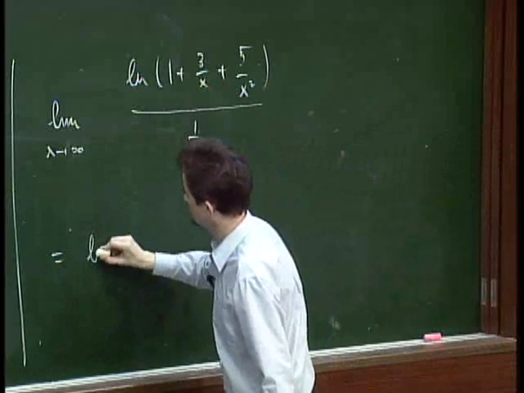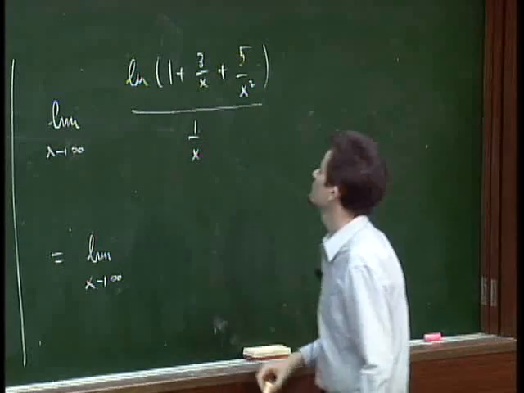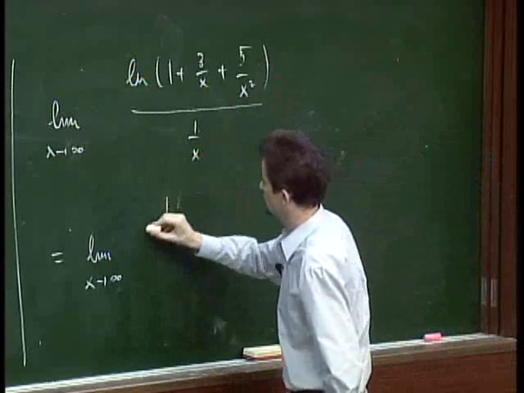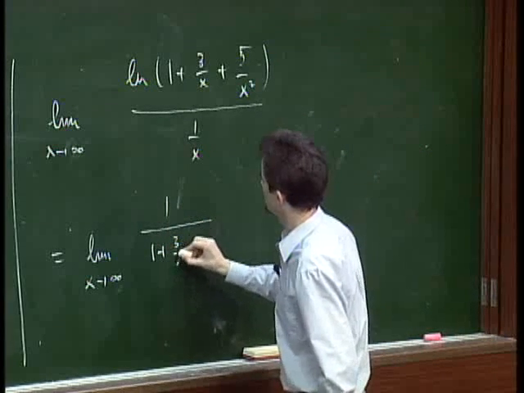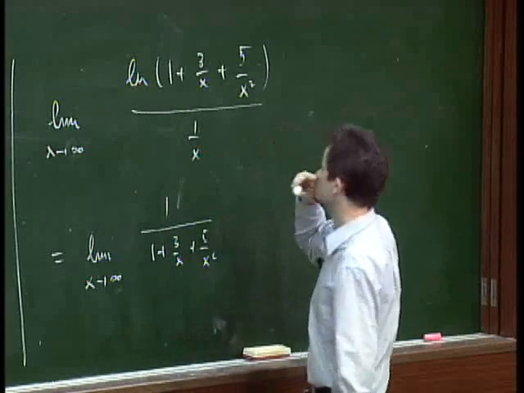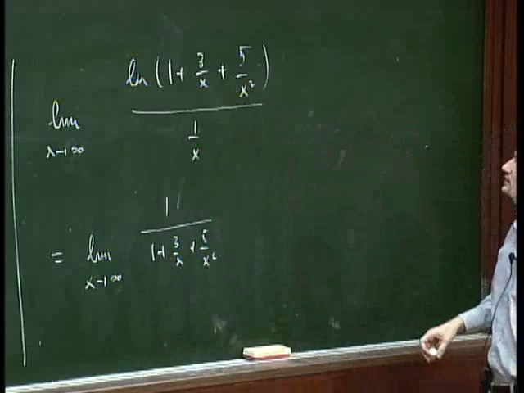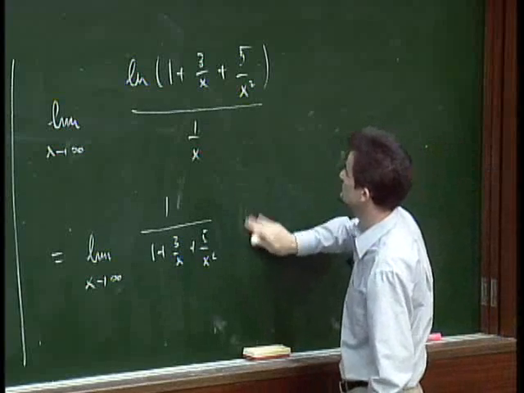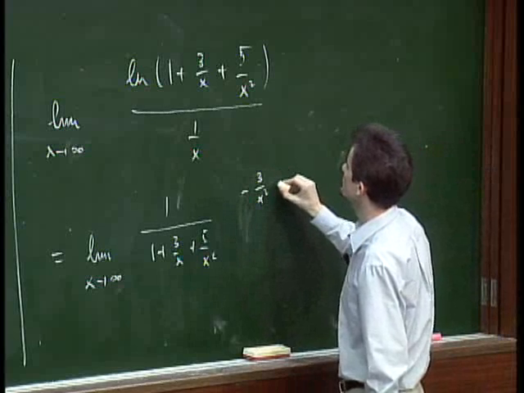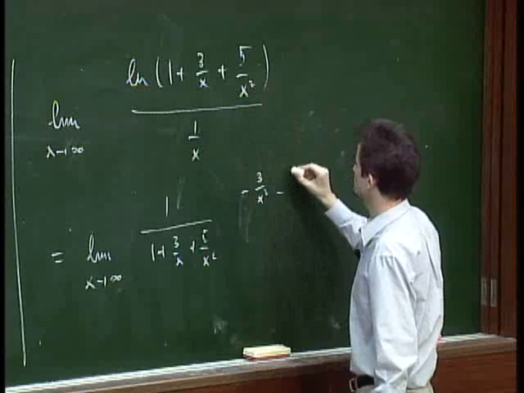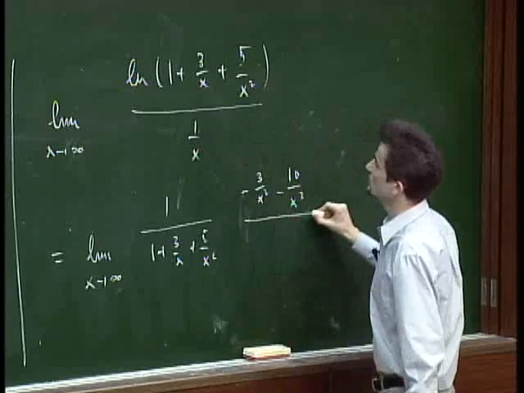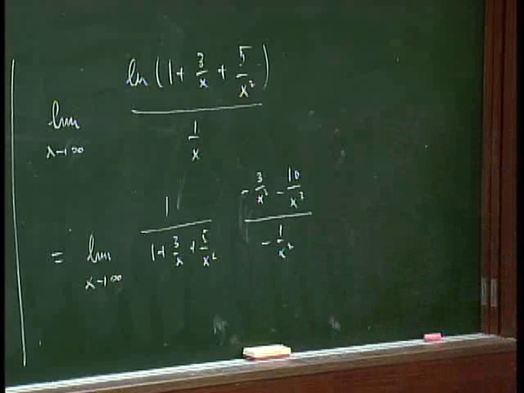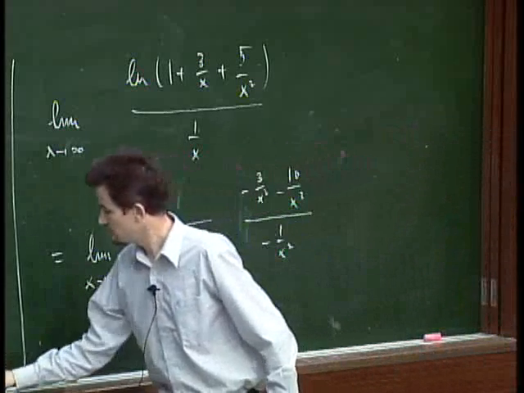So we have the limit as x tends to infinity. First, the derivative of the numerator, which is 1 over (1 + 3/x + 5/x^2), times the inner derivative, which is minus 3/x^2 and the derivative of this one here, which is minus 10/x^3, over the derivative of the denominator, which is minus 1/x^2.